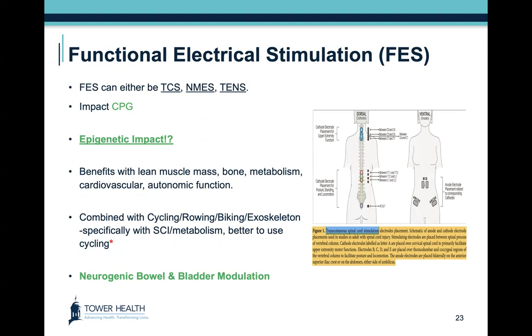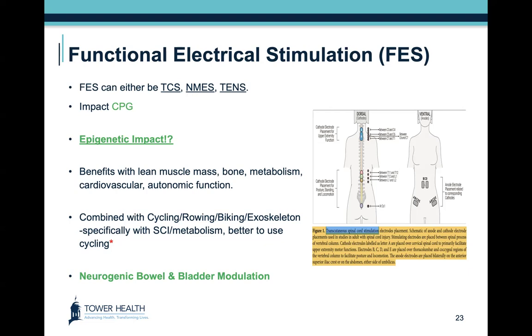So FES, functional electrical stimulation, is basically applying some kind of functional task while using electrical stimulation. There are multiple different kinds of FES. You have transcutaneous stimulation, neuromuscular electrical stimulation, and then your basic TENS unit. Depending on what your goal is determines what kind of electrical stimulation you're going to utilize.